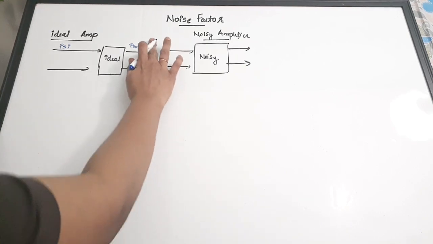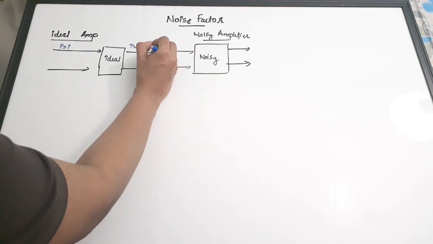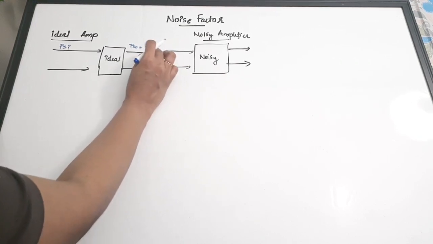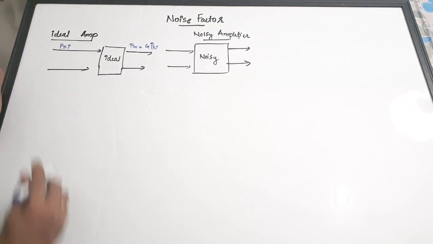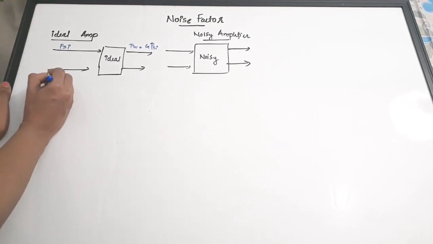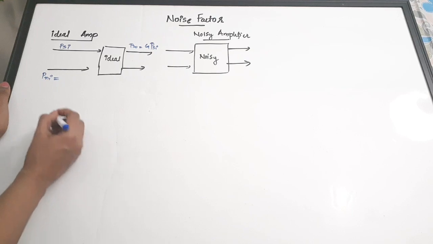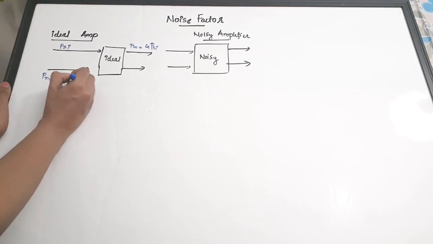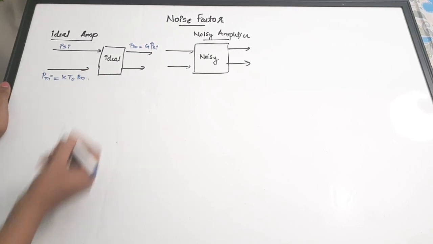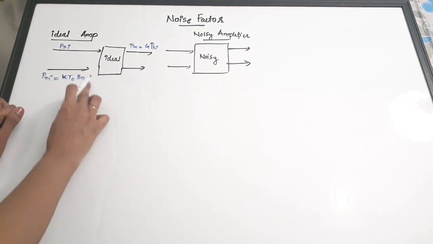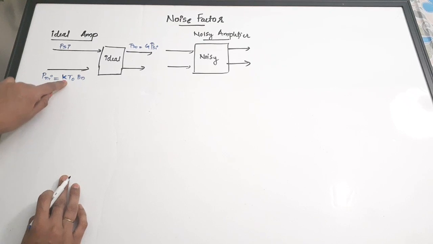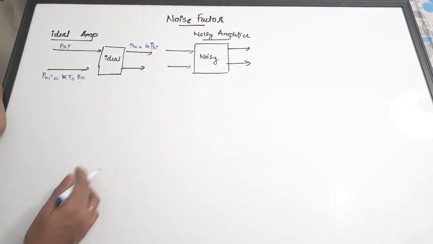Next, okay, I'll write it once again. So PSI. Okay, next consider that here the noise input power is PNI and its value is equal to KT0Bn. So this is the noise power at the input side, where K is Boltzmann's constant, T0 is a temperature in Kelvin, Bn is the bandwidth.